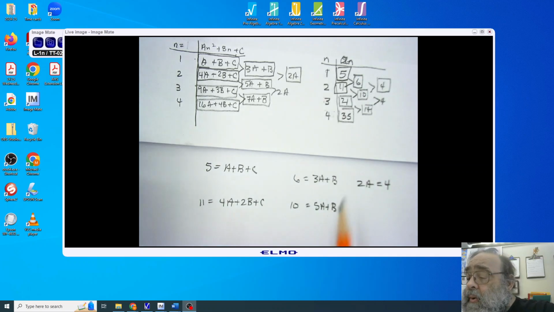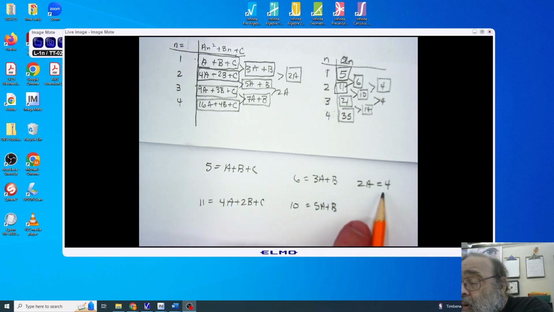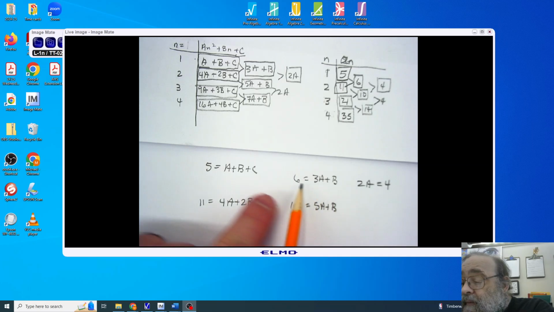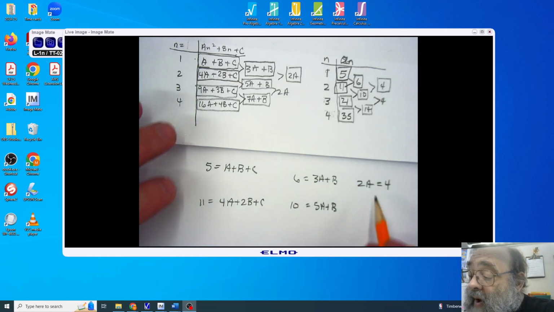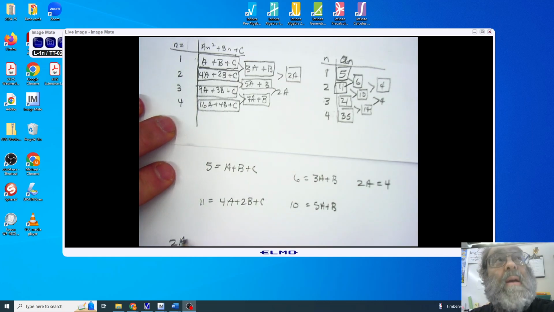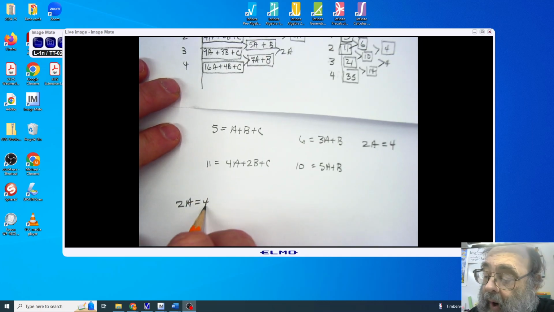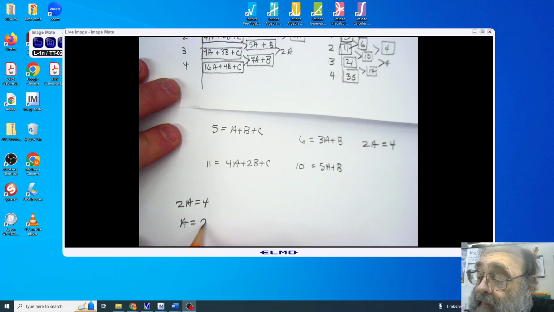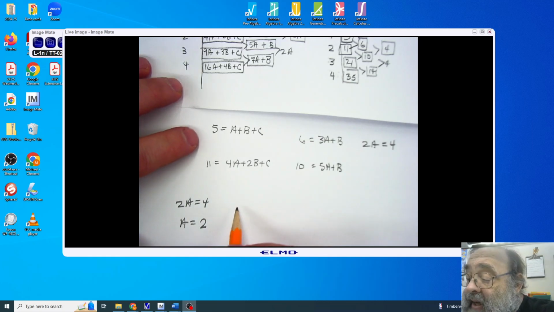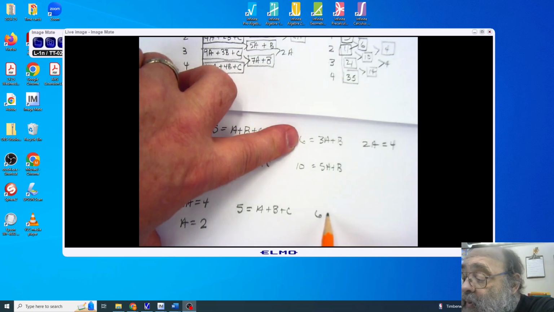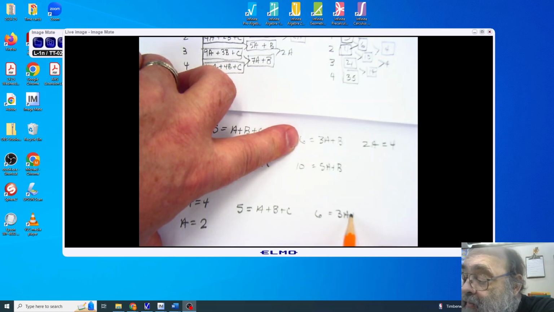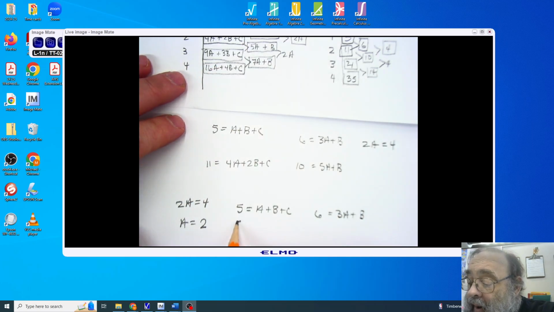I'm going to want to use this information and slowly work backward to find a, b, and c by solving. So if I have 2a is equal to 4, then a had to be 2. If a is 2, then 5, which was a plus b plus c, and 6, which was 3a plus b, I can now replace my a value in each one.